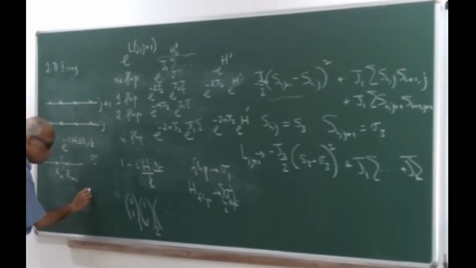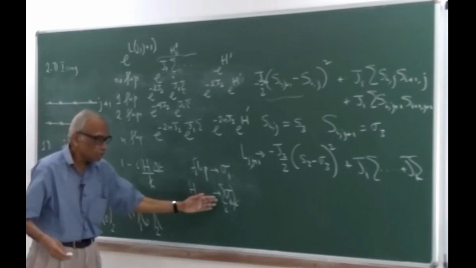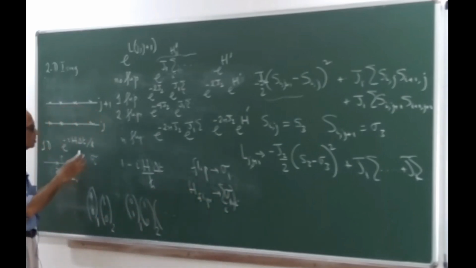For the other row, if there is a flip over here, then the wave function will be 1, 0 at site 1, and the other would be exactly the same. So if there is just one flip, that's the wave function over here, right? So at every site you have a sigma 1 which is uncoupled with the remainder of the sites.